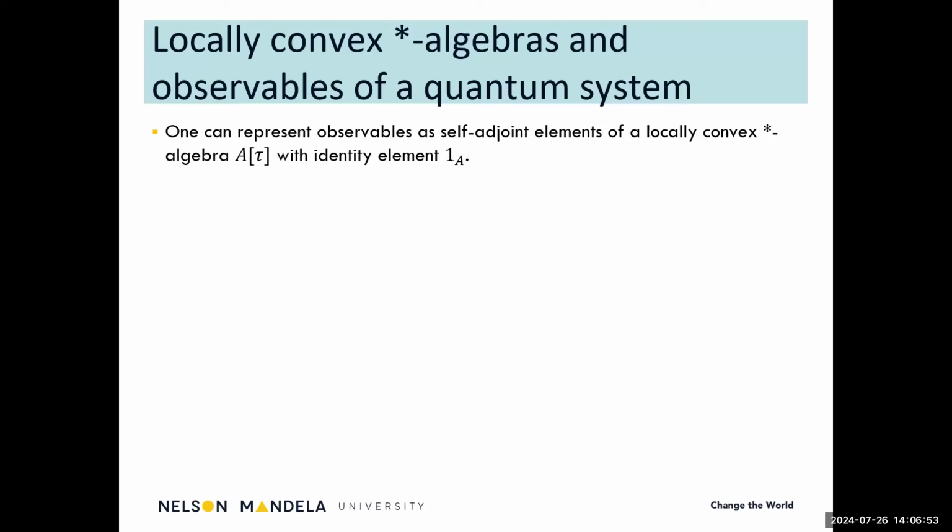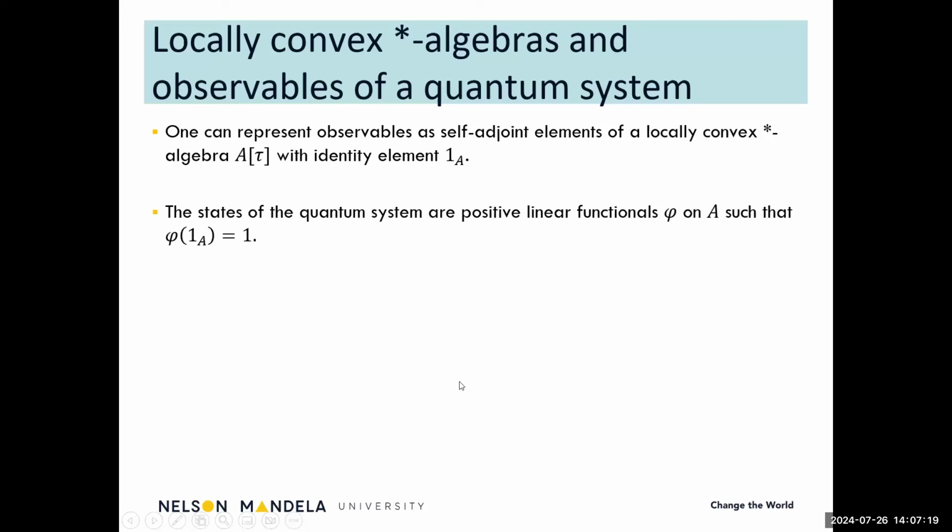If you can bring in some algebraic structure, that would help a lot. So that's why we introduce the locally convex star algebras, which I'm also going to introduce shortly. One can then represent observables as self-adjoint elements of a locally convex star algebra with identity. I'll mention shortly what that is.